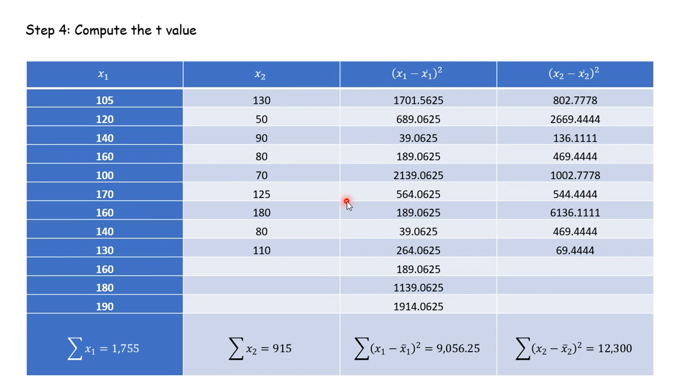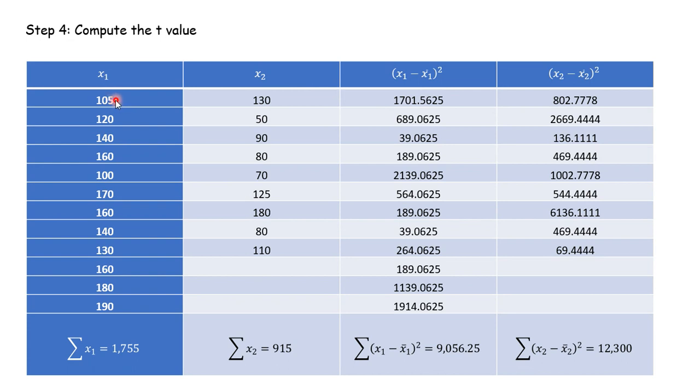Mapapansin nyo dito, itong first column, this is for the sales staff, yung information po na meron tayo kanina. And then, yung pangalawang column, that is for the audit staff.